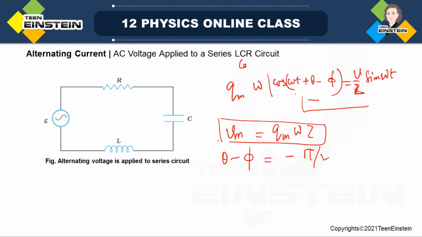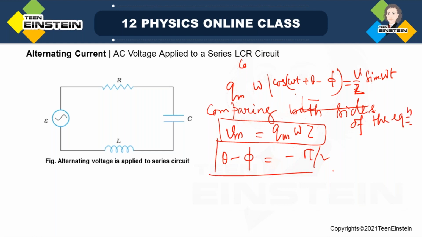So comparing both sides of the equation, we get these two corollaries. That means theta will be phi minus pi by 2.